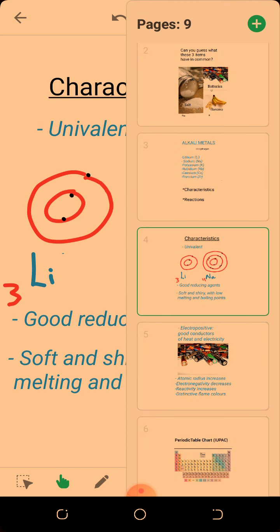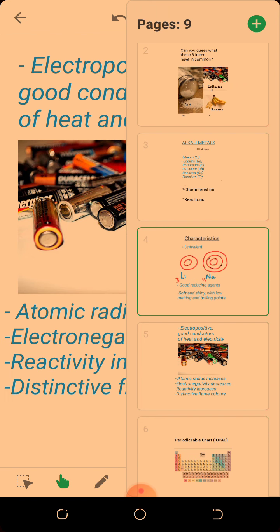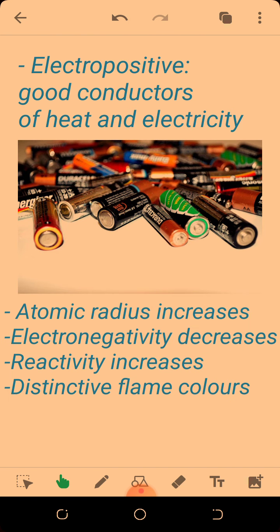Take for instance, when you look at lithium, we are talking about the atomic radius, the size increases from lithium to sodium. You can see the difference in size, with lithium having just 2 electron shells while sodium has 3, right?